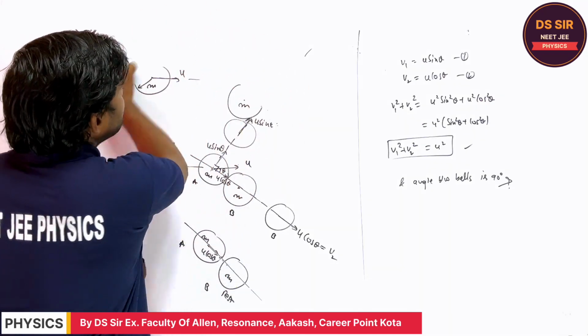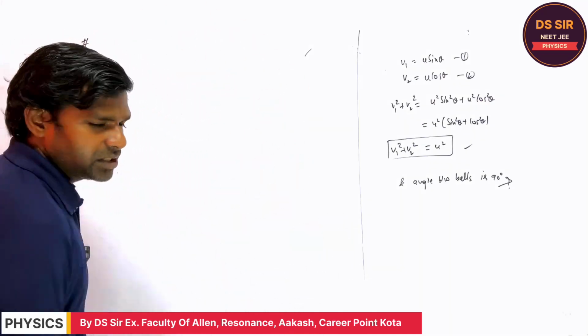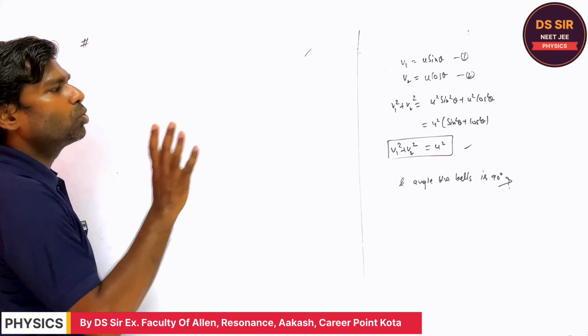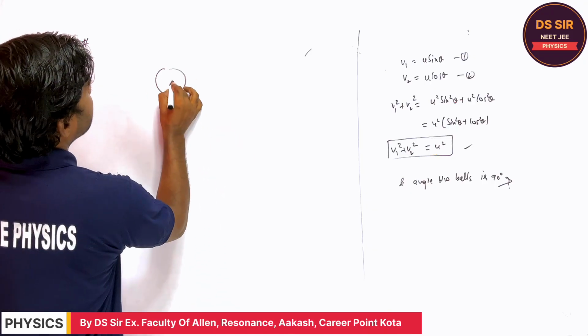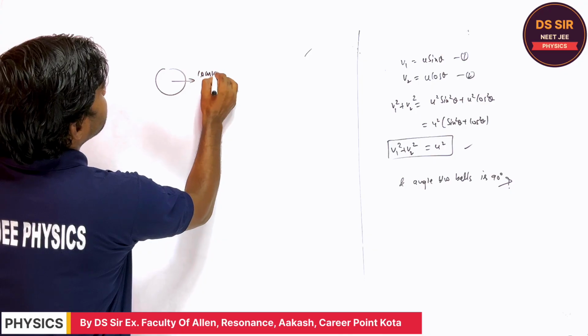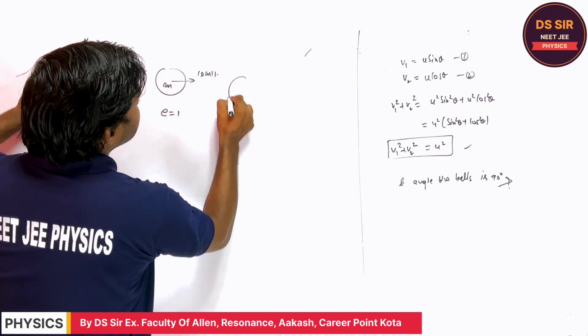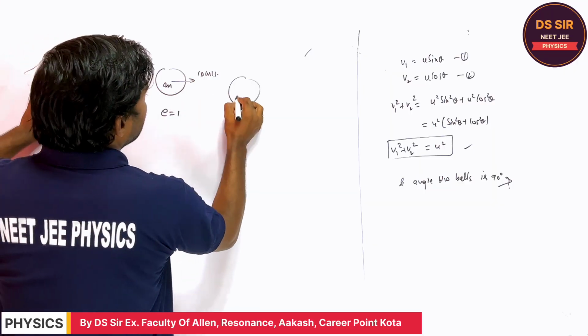They will give you the question and directly the condition: one body is at rest, the masses are the same, and the collision is elastic. For example, suppose this is 10 meter per second. This is mass m, the coefficient is 1. The head-on elastic oblique collision occurs.